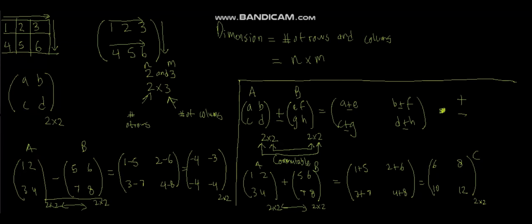So, K is the scalar. A, B, C, D is my matrix.